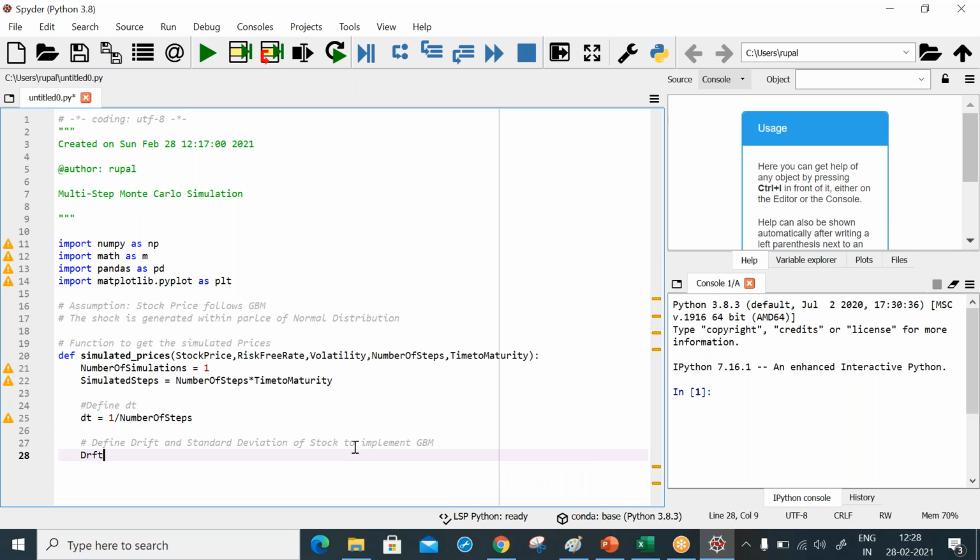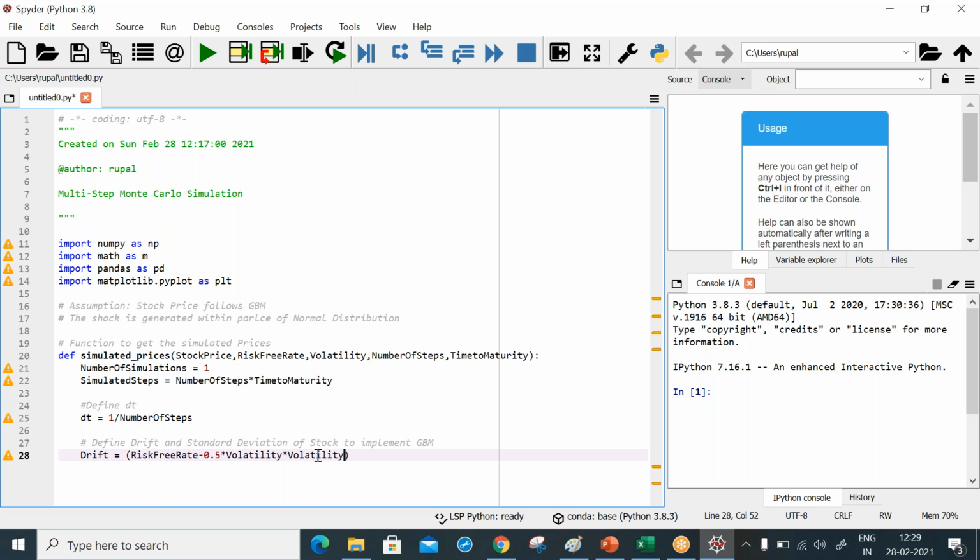What is drift? I'm going to introduce a formula for drift. I know that we haven't done this formula yesterday, but over a period of time we would have told you this. It is actually your risk-free rate minus 0.5 into volatility into volatility.